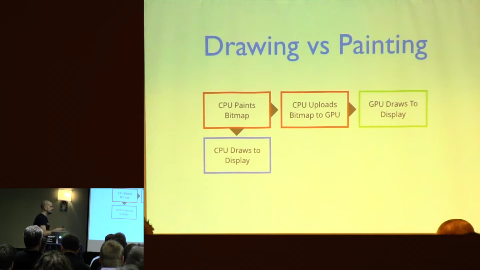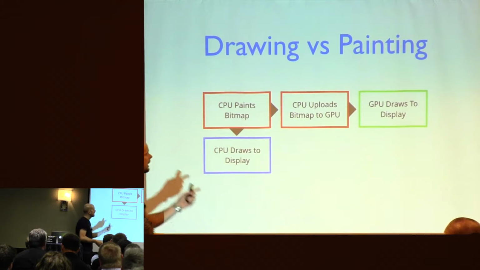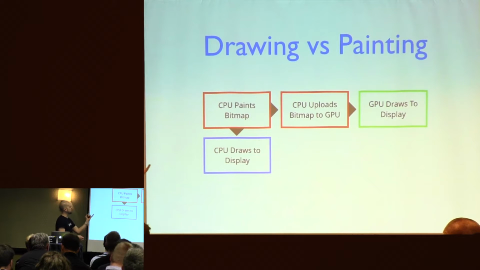So essentially, this is the life cycle of painting and then drawing. The CPU will paint the bitmap, and either that CPU will then draw it to the screen, or it'll upload it to the GPU for the GPU to draw it to the screen. The boxes in red are very strenuous processes on the machine, the upload in particular.